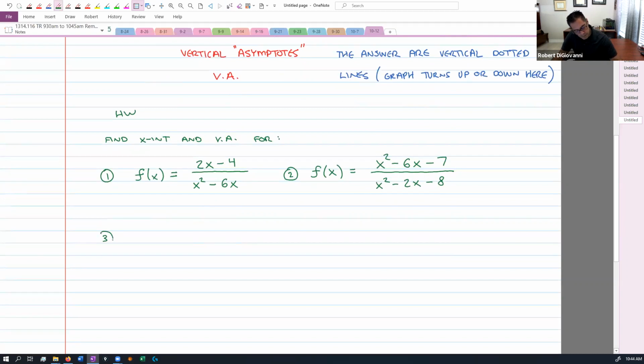Third one, f of x equals x cubed. No, you know what? We'll do it this way. Let's do x squared minus 4x minus 5. Sorry, I forgot to put minus 5 up there. Over x cubed minus 9x.